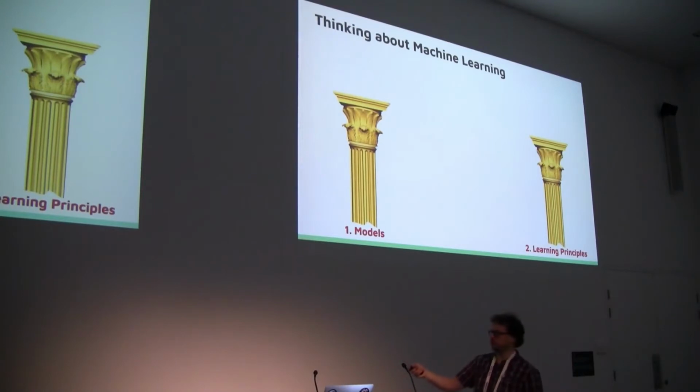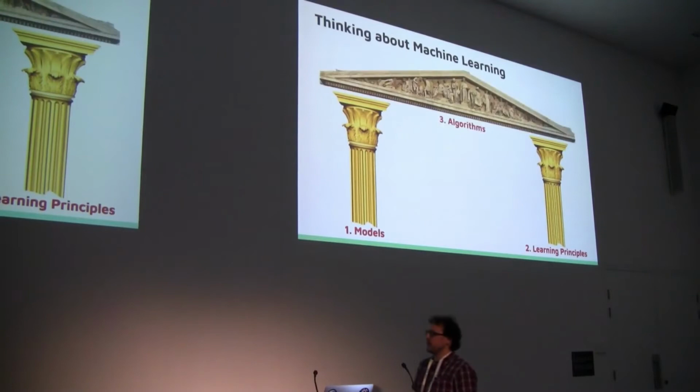You want your model to maximize ad clicks. That's what is behind this. And on top of both these items, we have algorithms, which are the thing that allows the learning principle to be realized through these models.